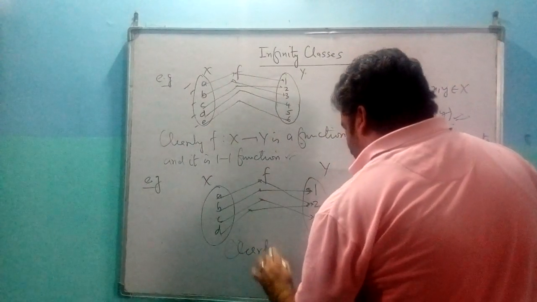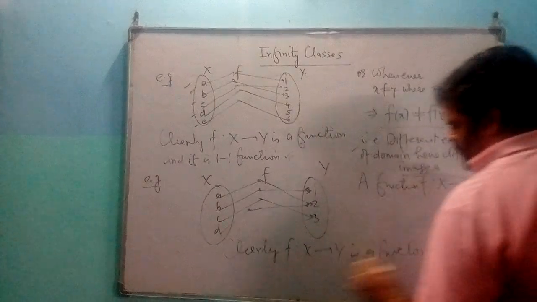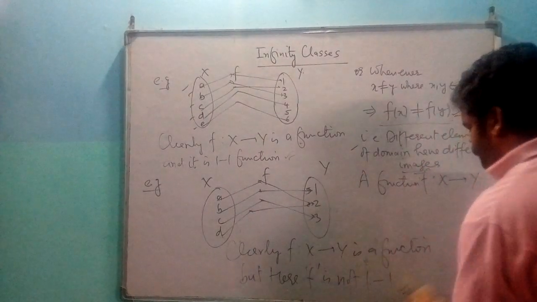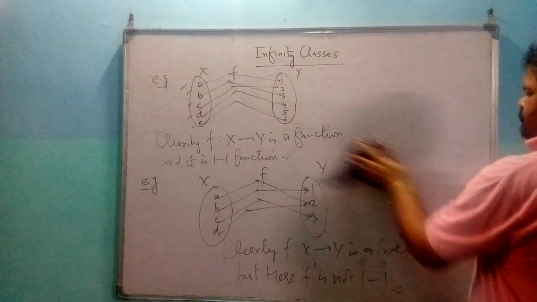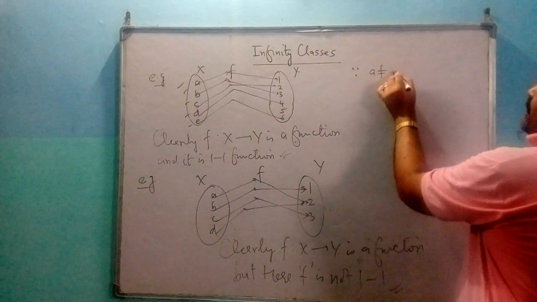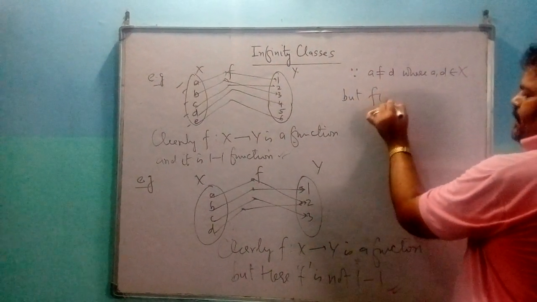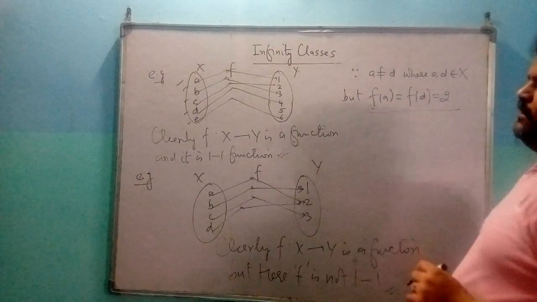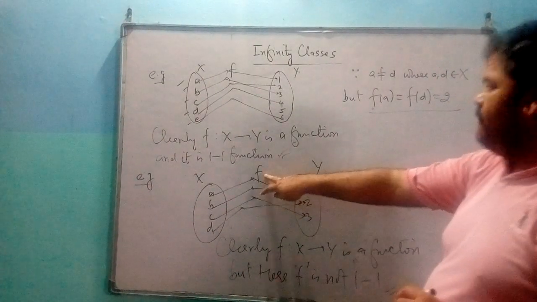Clearly, f is a function but here f is not 1 1, because a and d are different elements, but f of a and f of d have same image too. a and d are different, but they have same image. So this function is not a 1 1 function.